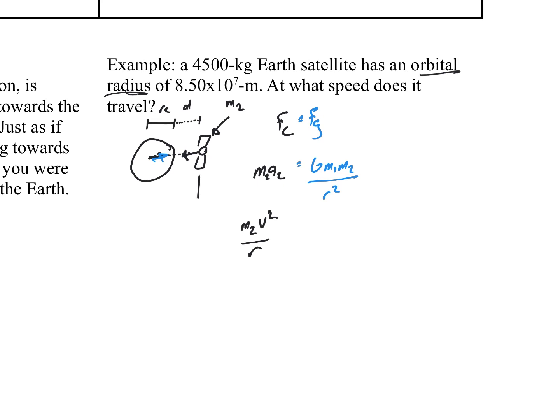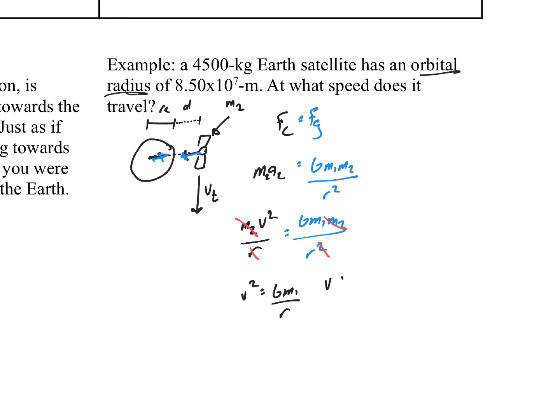And so what's happening is it's going this way at this tangential velocity, and it is being pulled in by gravity, of course, okay? This is going to be equal to the same G m1 m2 over r squared. And what we see here is the M2s cancel. One of the R's cancel, leaving me with V squared equals G M1, mass of the Earth, over R.